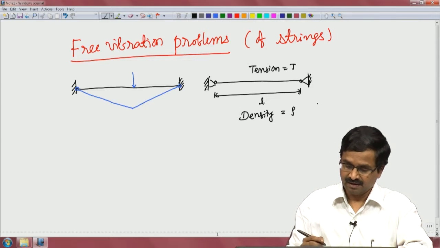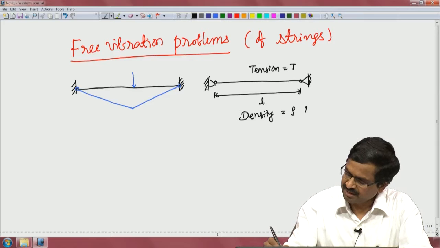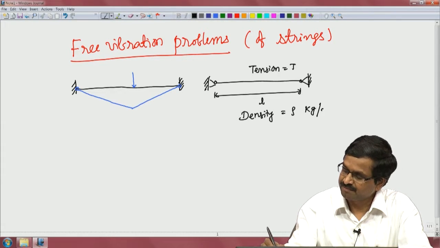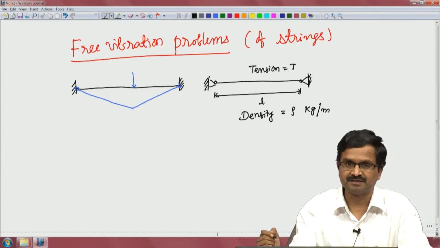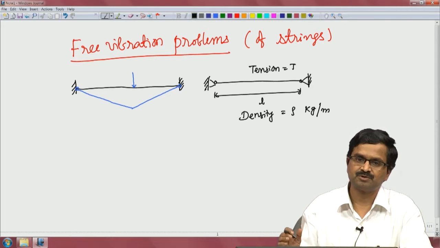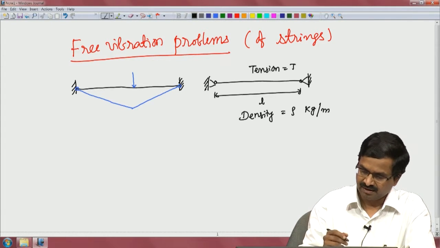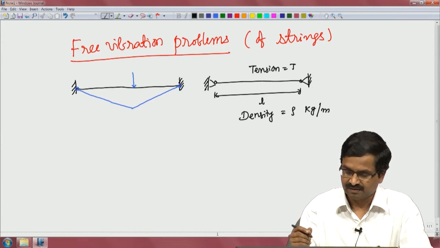Okay. So, now we will actually define this rho as kilogram per meter, unit cross section. So, we will take density like that, linear density, kilogram per meter as opposed to kilogram per meter cube. If you have such a thing, we want to write the governing equation for it when we pluck it.